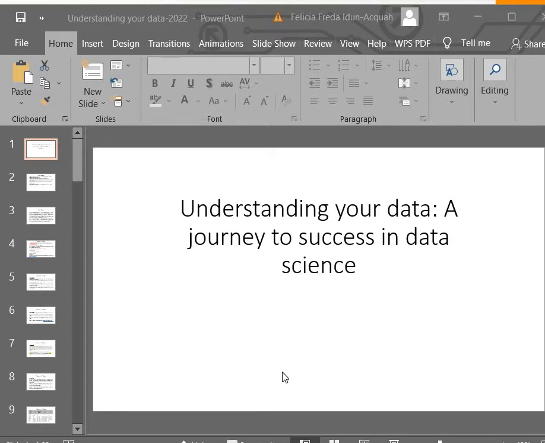It will also help you to test the various assumptions underlying the use of such statistical techniques so that you can arrive at finding answers to the research questions that were posed in your study. So let's begin this session.